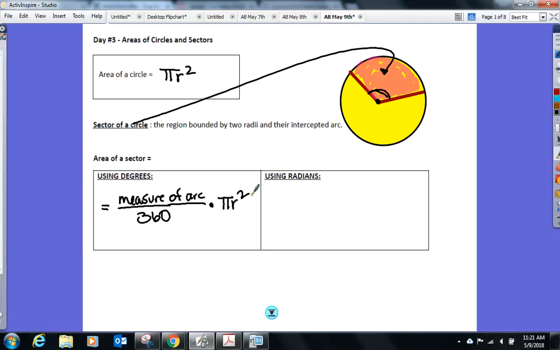Instead of the angle being in degrees, maybe it's in radians. Here's the formula you can use for radians: one half r squared theta, r still for radius, and theta is the central angle in radians, if it's given in radians.